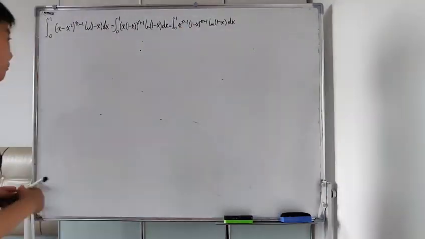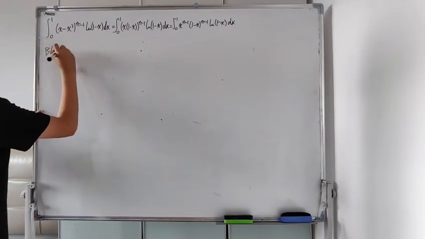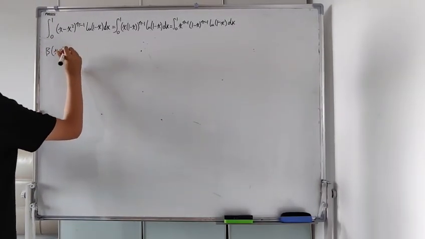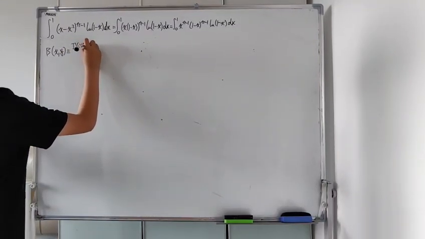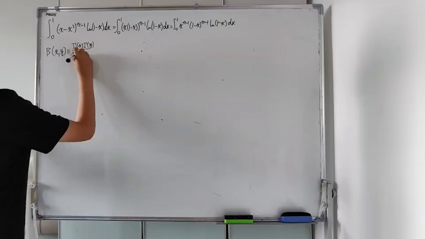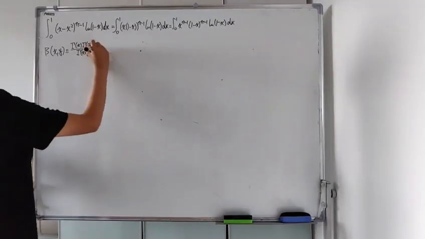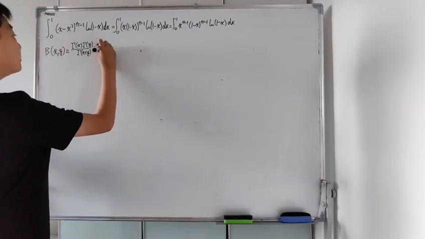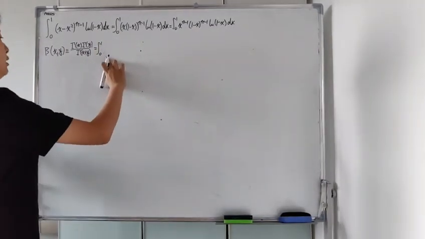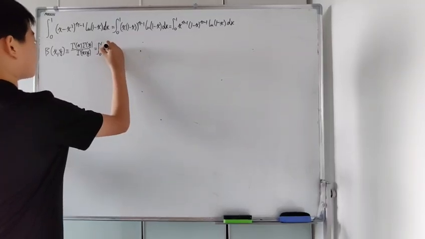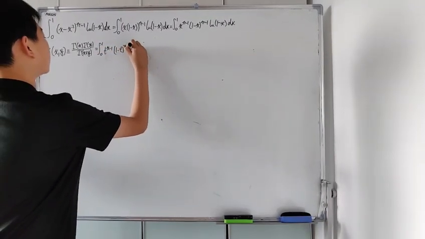Now, the official form for the beta function is beta of x, y, which we'll define as gamma x gamma y over gamma x plus y, is equal to the integral from 0 to 1 of, not x because it's already used, t to the x minus 1, 1 minus t to the y minus 1 dt.